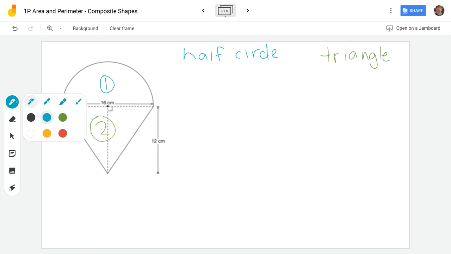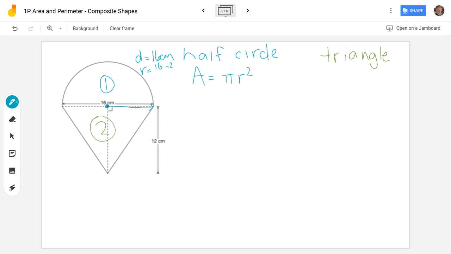Okay, so a circle's area is equal to pi times r squared, and r is the radius. So it goes from the middle of the circle to one of the edges. So the diameter of this circle is 16 centimeters, which means that the radius is half of that. So 16 divided by 2, which will give us 8 centimeters.